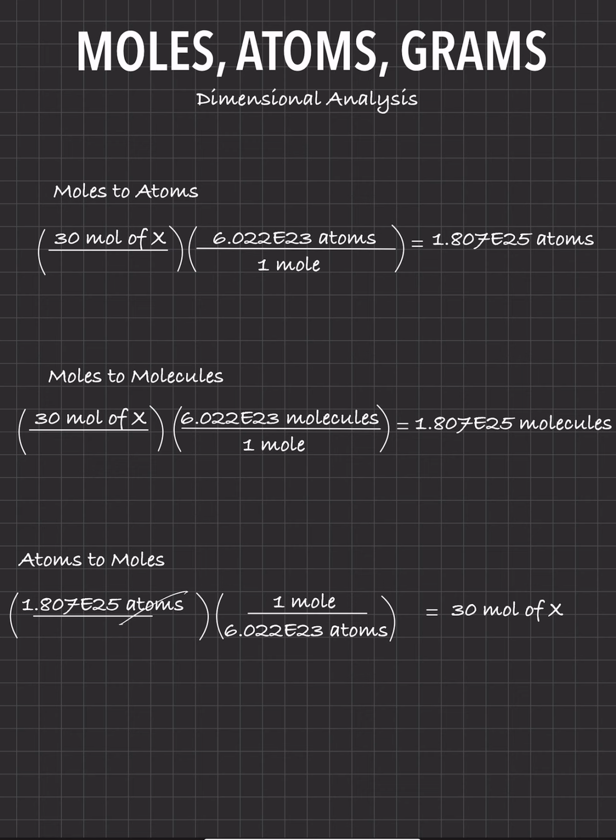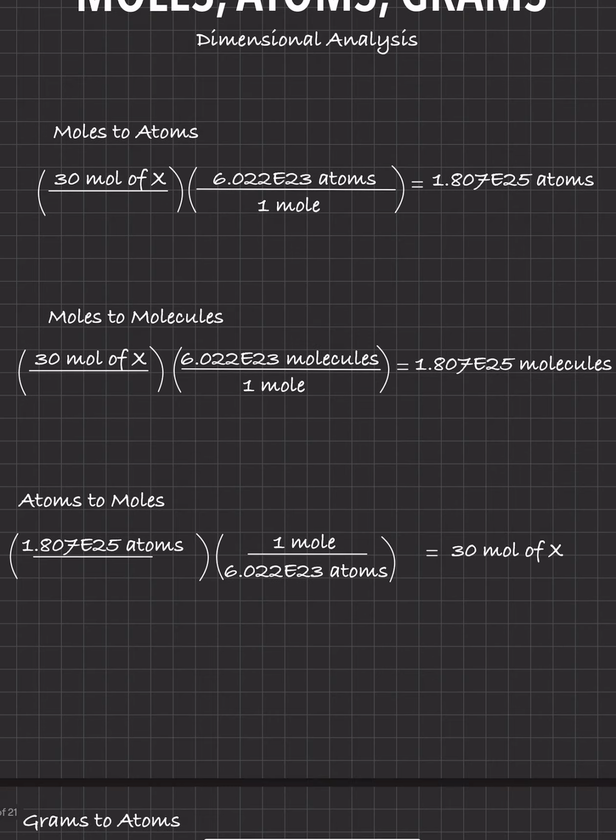Again, my atoms cancel with my atoms, and I'm left with moles, which is what I'm looking for. And if you see MOL, you can literally spell out moles. It's just that when you're in a time crunch on an exam, you sometimes don't want to write the whole thing out. So sometimes you will see people write MOL, and that stands for moles.